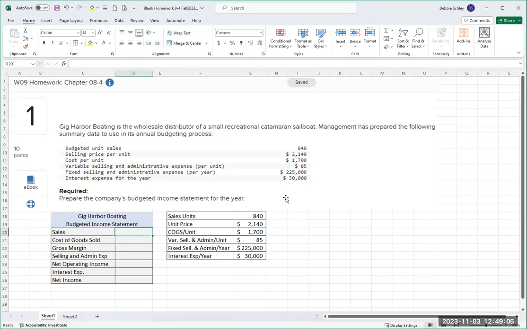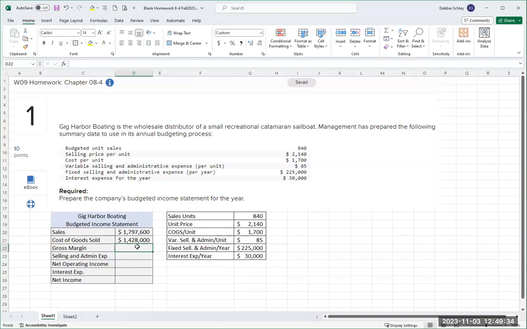They gave me units and the sales price per unit, so sales is the number of units times the sales price per unit. And then cost of goods sold is the number of units times the cost of goods sold per unit.